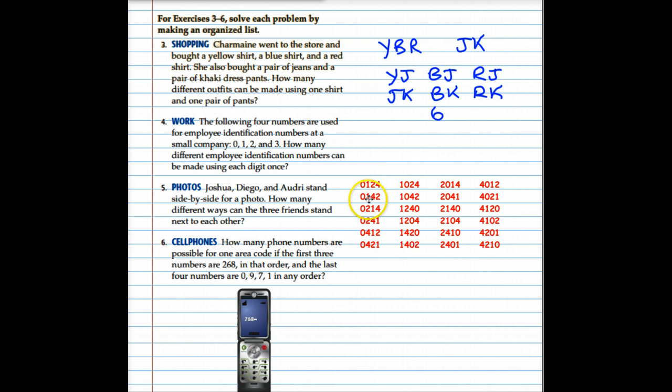Then I made all the combinations I could that started with 1, then 2, then 3, and I came up with, as you can see, 24 combinations.